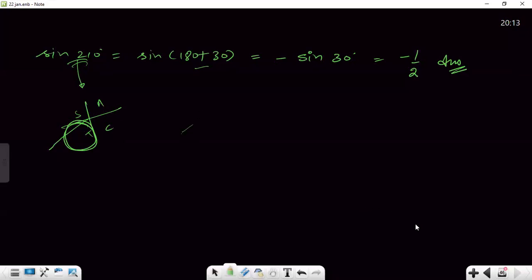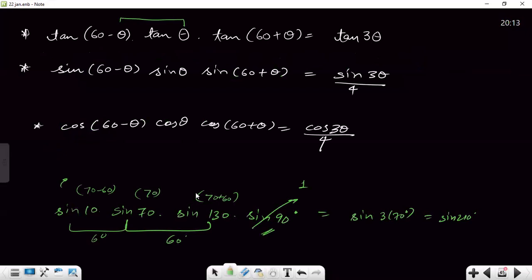There are some other important formulas as well. Let's write them.